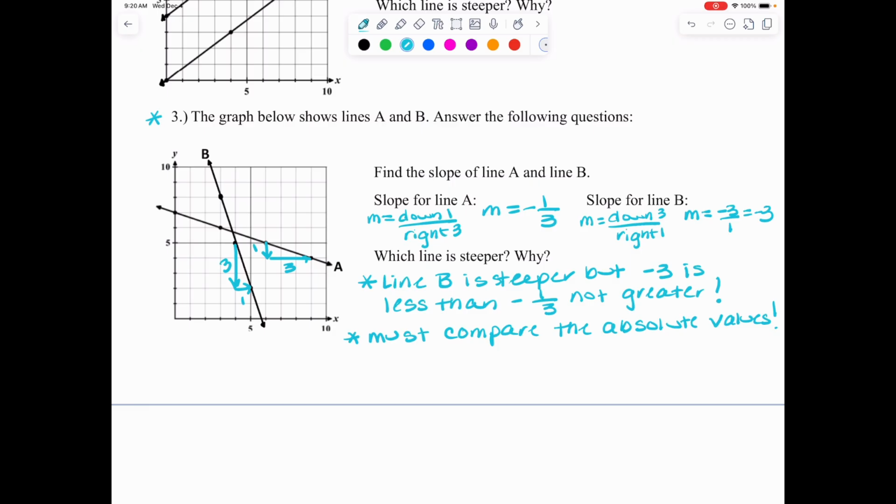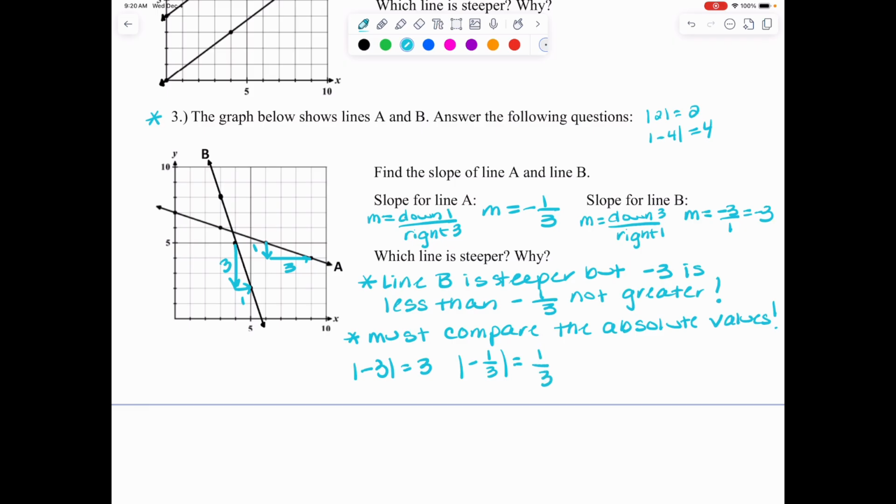So for example, the absolute value of 2 is 2. The absolute value of -4, how far is -4 away from 0? 4, right? So we want to take the absolute value of -3, which is 3. That's the distance -3 is away from 0. We want to take the absolute value of -1/3. So the distance of -1/3 is away from 0 is 1/3.